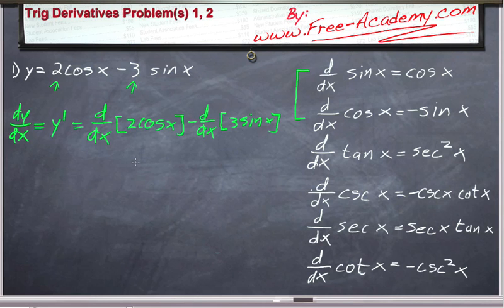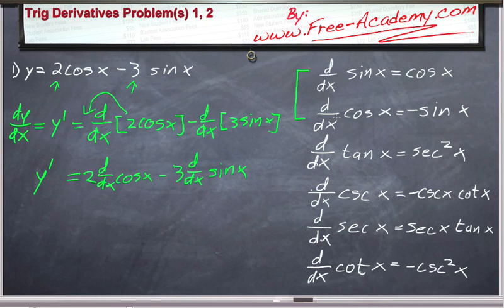This is something that we covered right in the beginning of the derivatives with the derivative rules. The next thing that we covered is that the constants always come out in front of the derivatives. So we have y prime is equal to 2 times the derivative of cosine of x minus 3 times the derivative of sine of x.